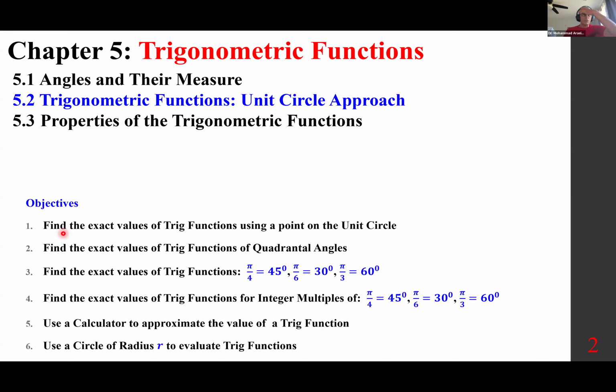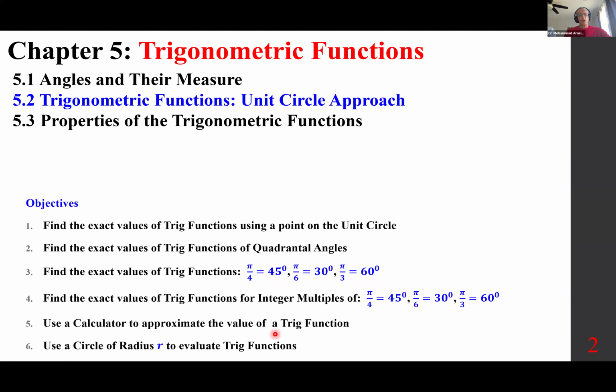Find the exact values of trig functions using a point on the unit circle. Find the exact values of trig functions of quadrantal angles. Find the exact values of trig functions for pi over 4 or 45 degrees, pi over 6 or 30 degrees, pi over 3 or 60 degrees. Find the exact value of trig functions for integer multiples of those angles.